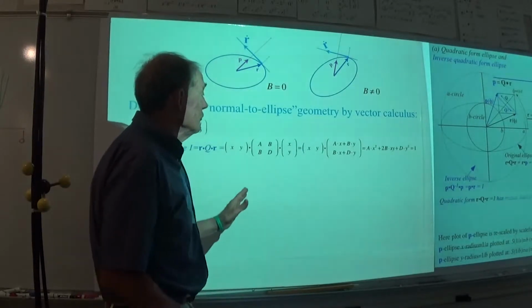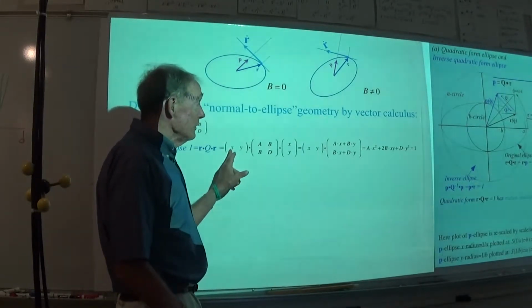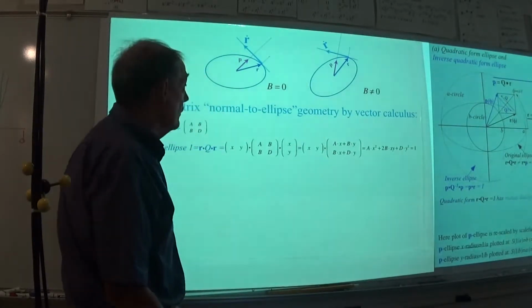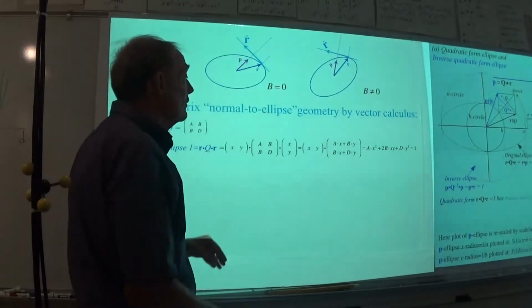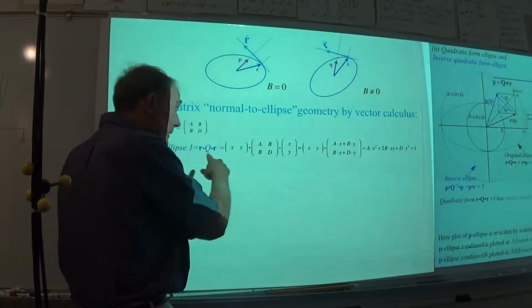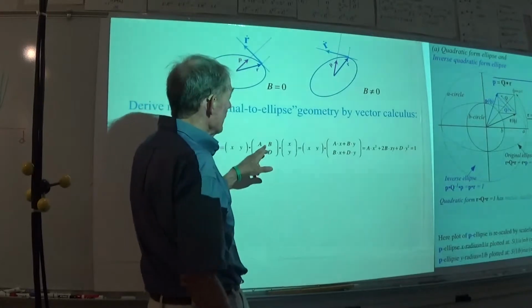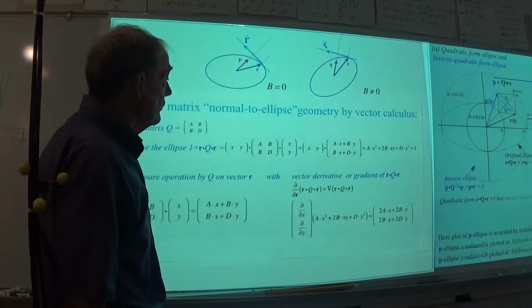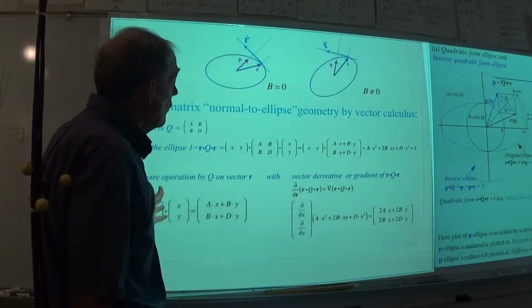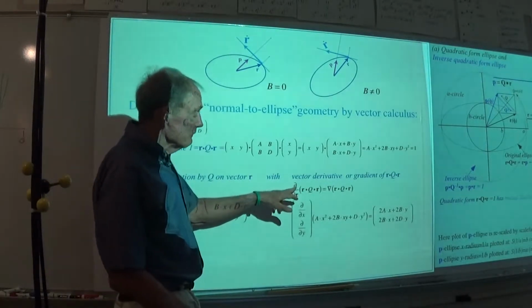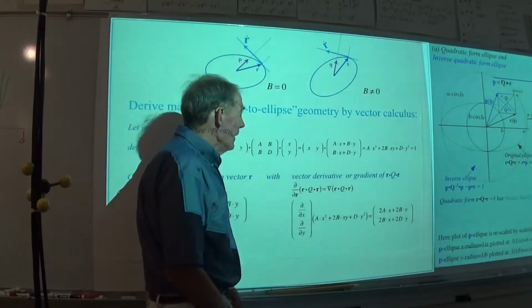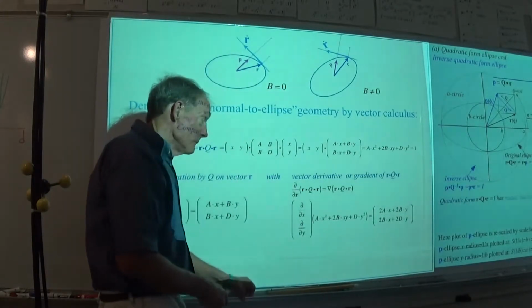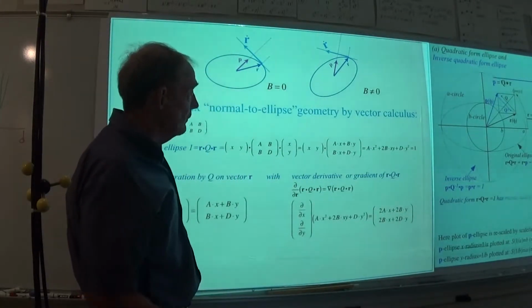Now, if you have a general quadratic form, that's an equation for an ellipse that's at some angle. Okay, so everything we've done can be done at an angle, that's pretty clear. But doing it algebraically, that means you're going to have off-diagonal components in these, not just A and D. And so when you do that, then you're going to be taking a spatial derivative of a quadratic form, and later a velocity derivative of the quadratic kinetic energy form. Okay, those will be all part of the story.